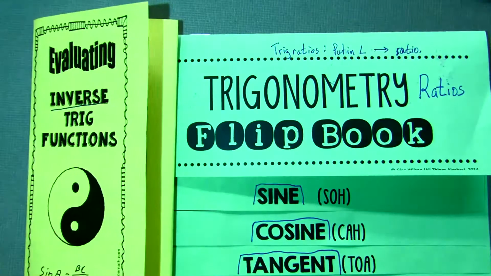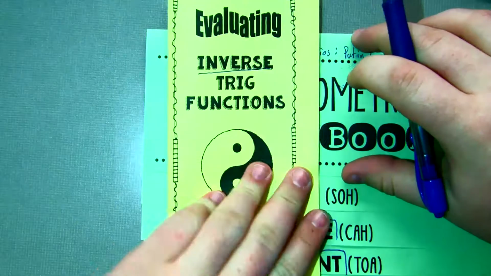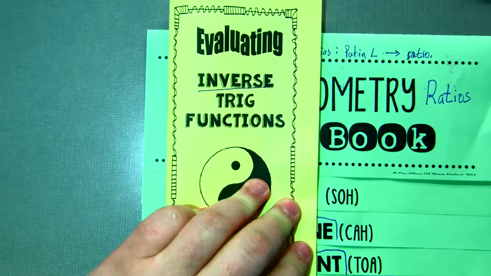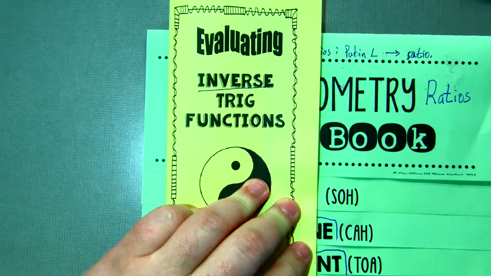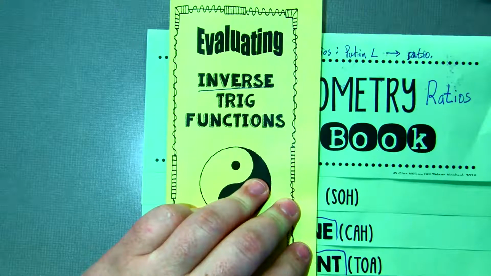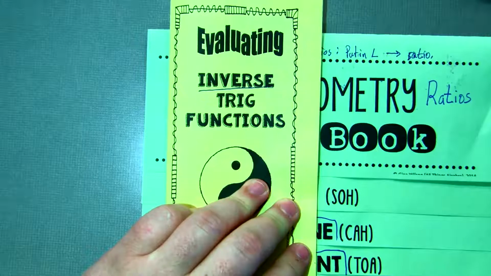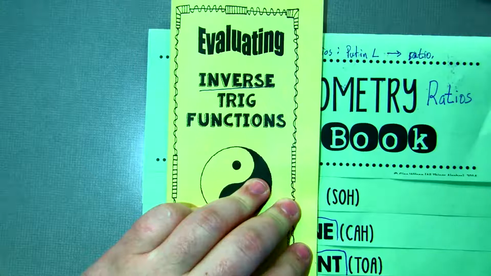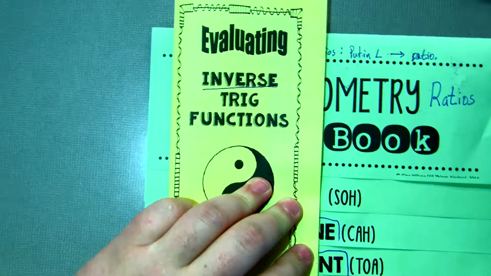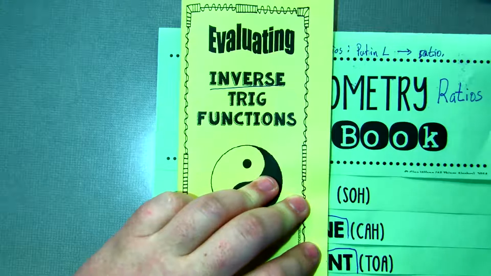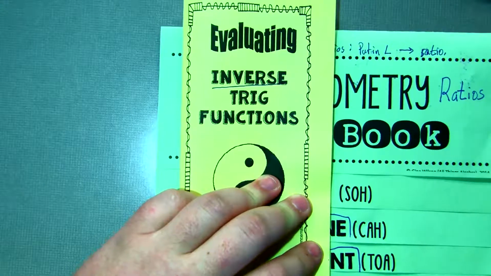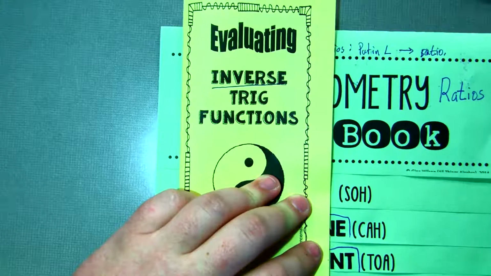Can anyone take a guess as to what an inverse is? So if I said to you, it finds an angle. Okay, very nice. Yeah, we will use our inverses to find an angle. So let me ask you this question. What is the inverse of multiplication? How do we get rid of multiplication?